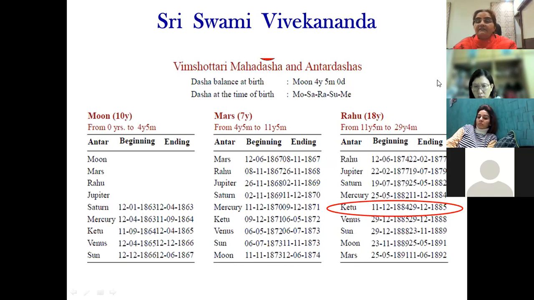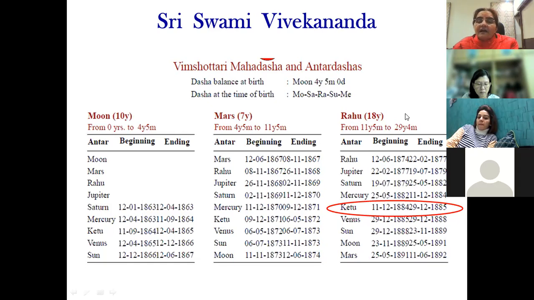Next, one more thing. I have used my software. So the dates, maybe a little bit of variation could be there between my software and what he used, because they use a different system. There are two different systems known in India. So maybe North Indian people are using a little different one. So a little variation could be there.